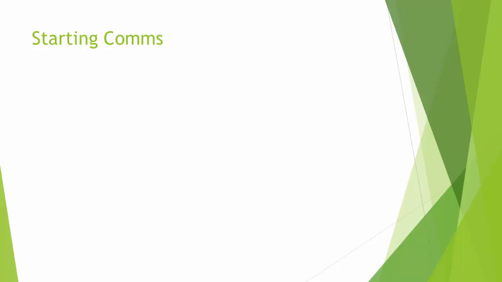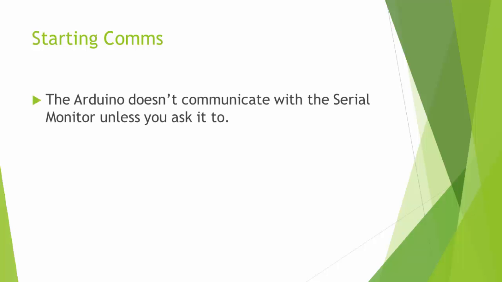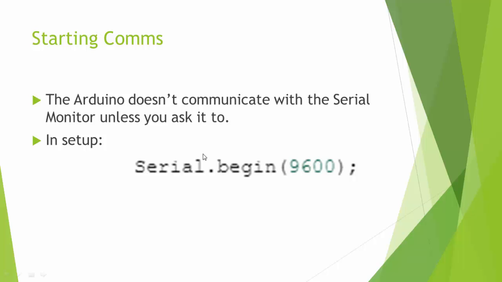Now, I alluded to this earlier. There is a small challenge with using the serial monitor that sometimes gives us a bit of a snag. If you want to use the serial monitor, you have to open communication. Arduino doesn't do this by default. So you have to say inside your sketch that this sketch is going to be one that communicates with the serial monitor. So in your setup, you'll just include this command.